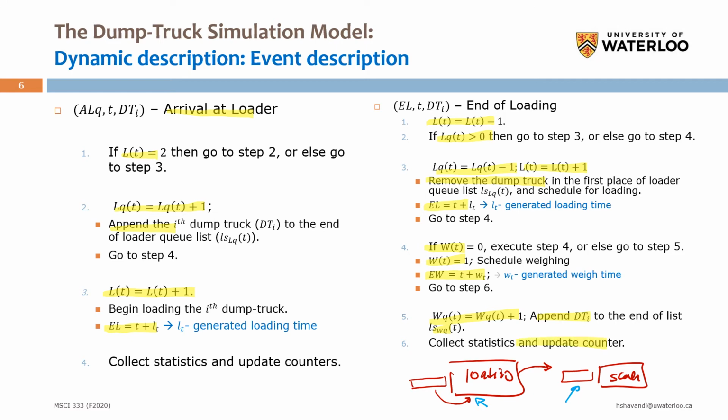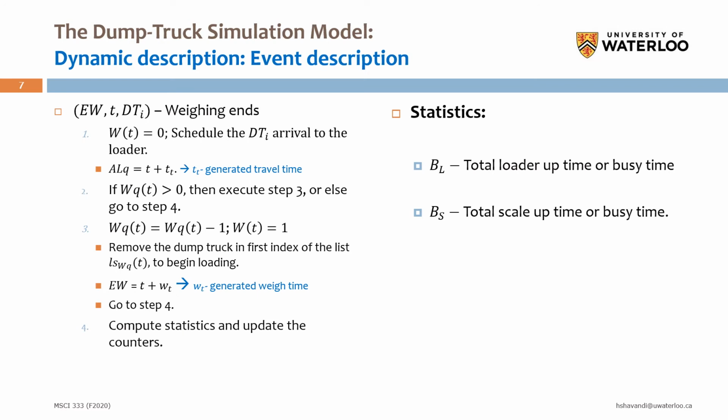Okay, the end of weighing event is a departure from the scale. So here we have the scale and we have a departure, right? This departure of the dump truck unloads, and then after unloading, it gets back to the loading station, right? So here we need to check two things.